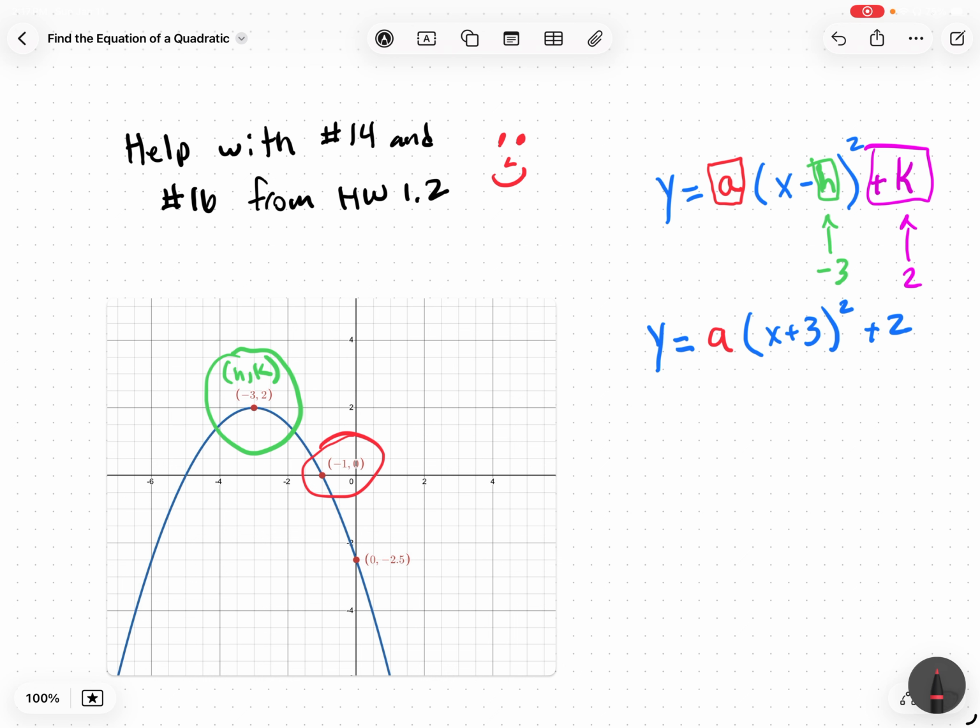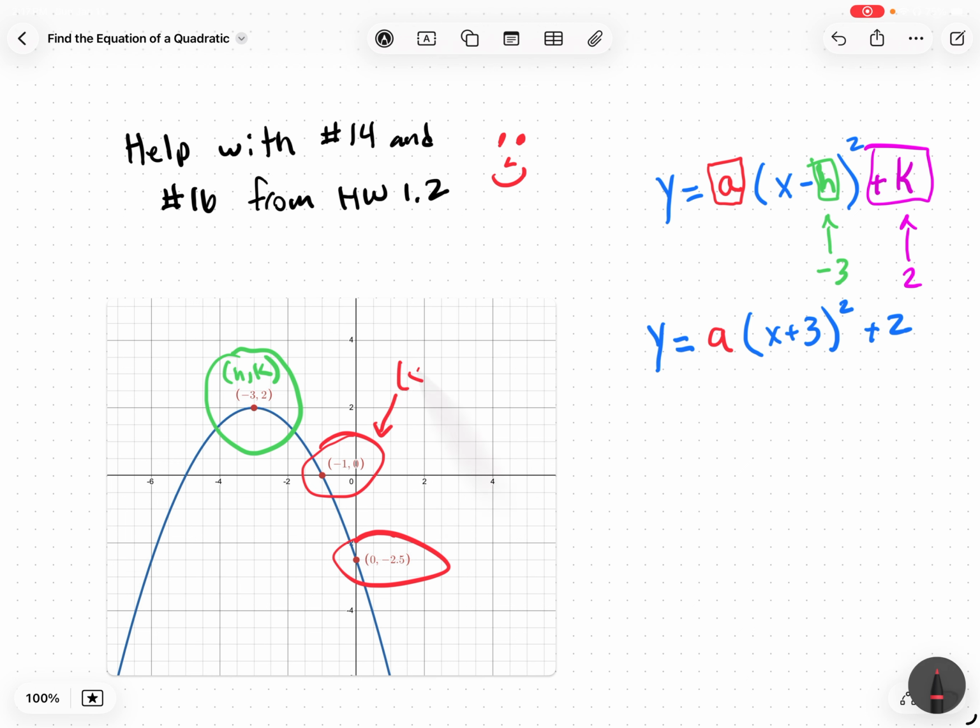Turns out to be the x-intercept, but it's easy to spot that one because it goes right through the integers on the graph. And then down here, you can also see there's another point, 0, -2.5. A lot of times, students don't want to mess with fractions and decimals, and I feel the same way. So I'm going to use this point here, -1, 0.